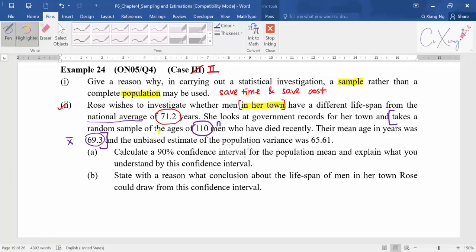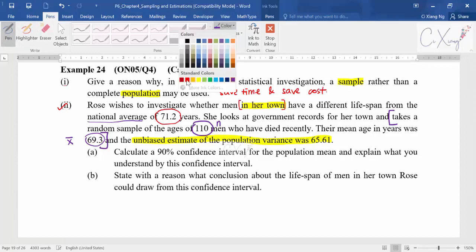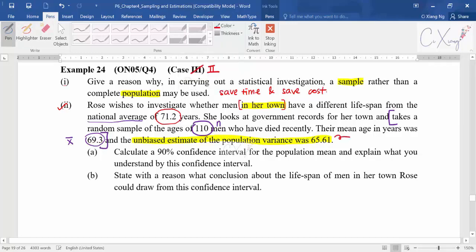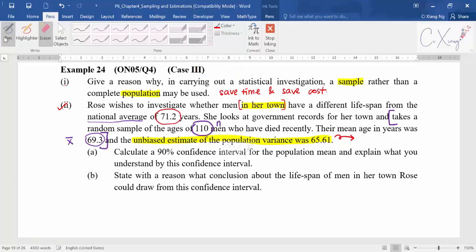Then after that, they tell you a very important phrase: unbiased estimate of the population variance was 65.61. Generally, this one means that we still consider it as case number 3, because originally they don't know the population variance, and after they estimate it, the population variance was 65.61.